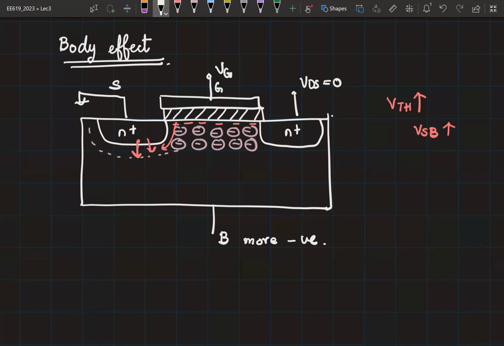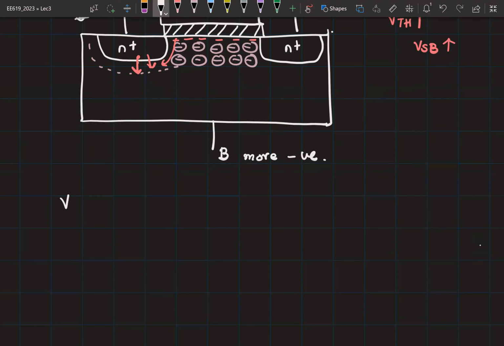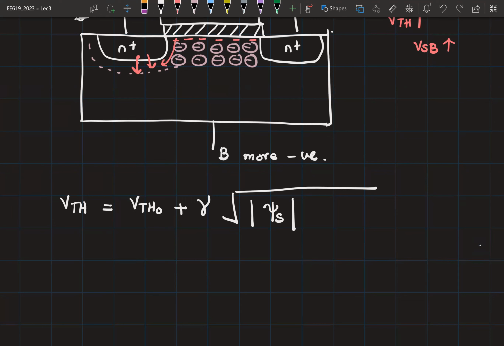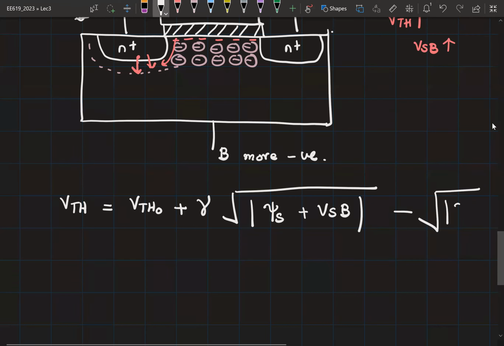Those of you who are interested in learning what actually happens, please do take a device physics course. So let me give you the equation for this. Your VTH is now equal to VTH naught plus gamma into root of mod psi s (at VTH) plus VSB minus root of mod psi s.